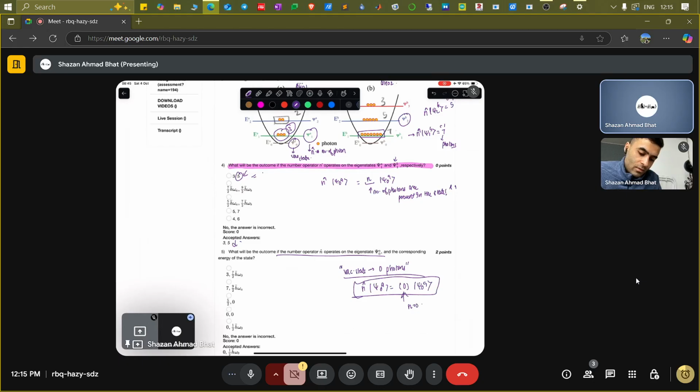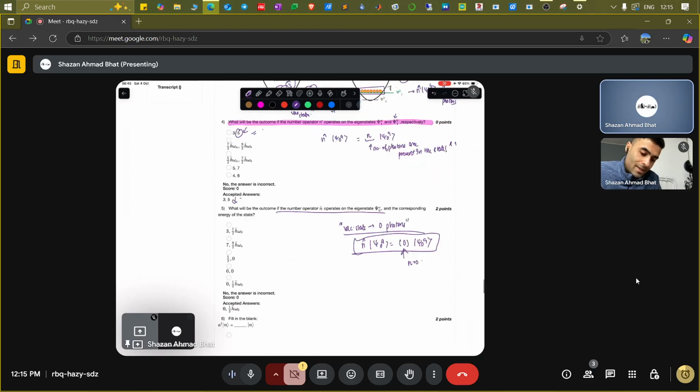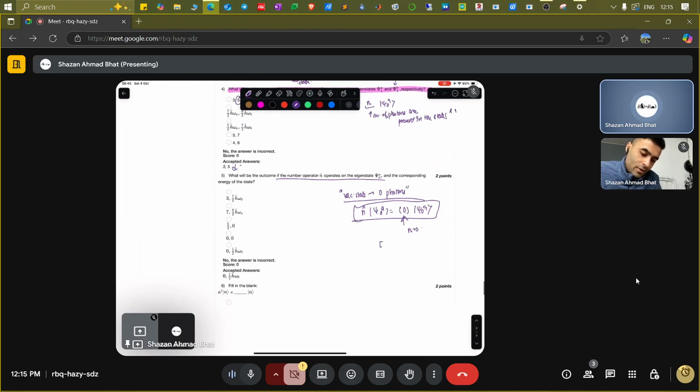The number of photons will be 0, but the energy corresponding to E0 is h bar omega by 2. You have E n equals h bar omega times n plus 1 by 2. So you have 0 and you have half of h bar omega.